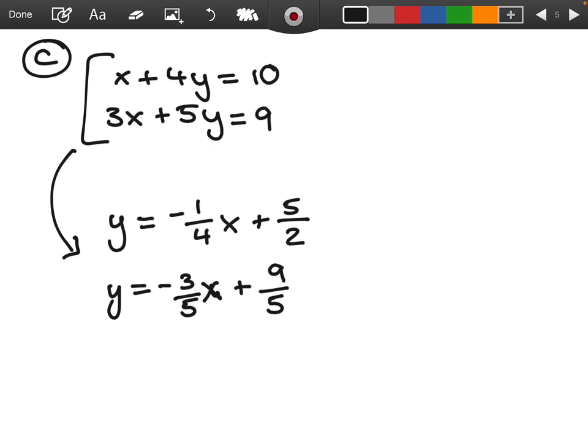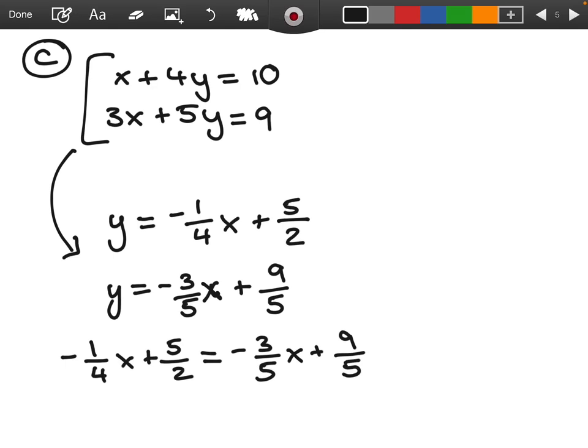Okay. So you have these two different equations that are just manipulations of my original general form equations, but now they are both in slope-intercept form. At this point, you can do exactly the same as we did in the first example, and you can make the right-hand sides equal to one another and solve for x. So I can go ahead, set those equal to one another, do some manipulation, and solve for x.